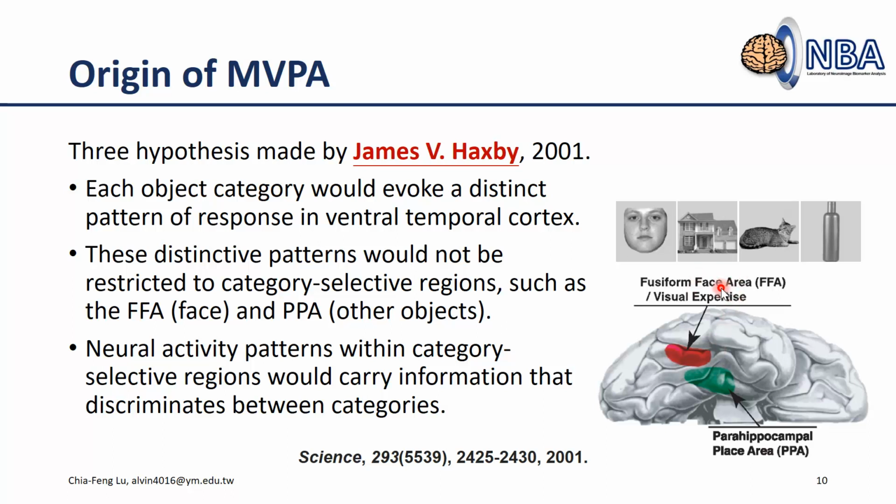So when you see a human face, you will activate the fusiform gyrus. And if you are looking at an object rather than a human face, for example a house or a place, it may induce activation of the parahippocampal region. So sometimes we say this is the parahippocampal place area, PPA.